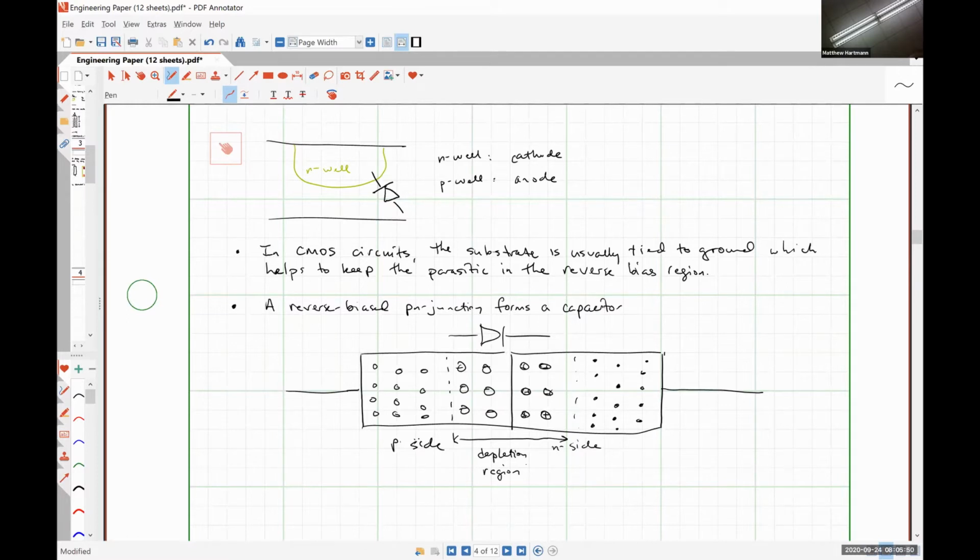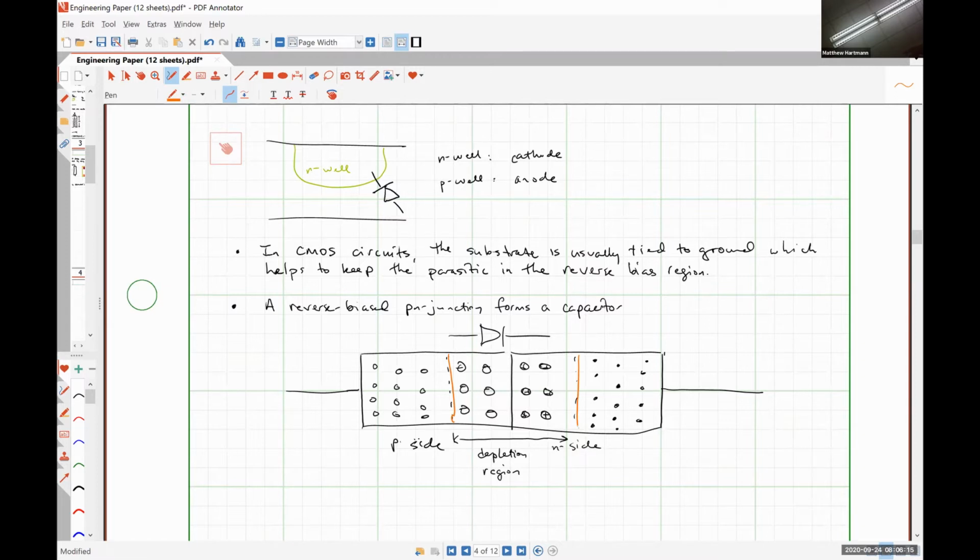And it's because we have a parallel plate capacitor effectively, where the plates are here at this interface, between the ionized atoms and their free charge carriers. So it's a simple parallel plate capacitor.